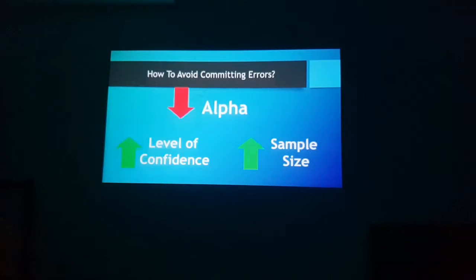So, how are we going to avoid committing errors? Type 1 and type 2 errors are part of the process of hypothesis testing. Although the errors cannot be completely eliminated, we can minimize one type of error. Typically, when we try to decrease the probability of one type of error, the probability of the other type increases.